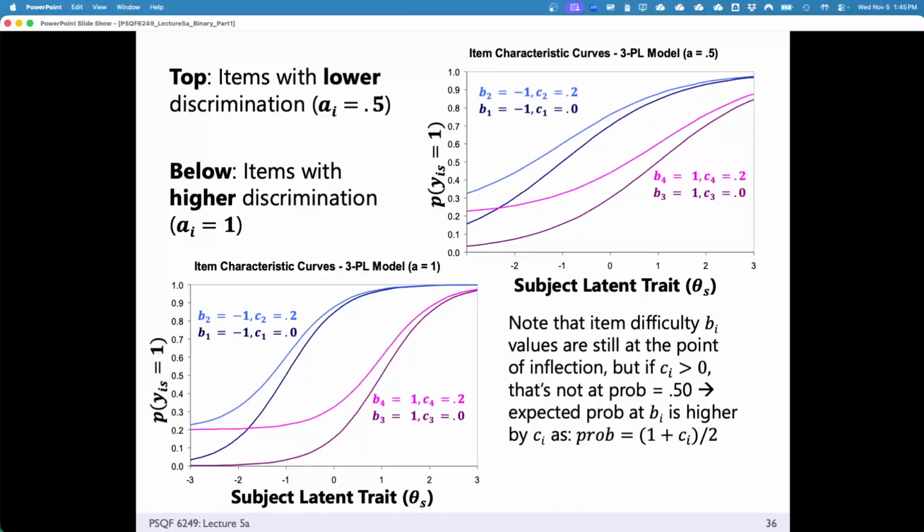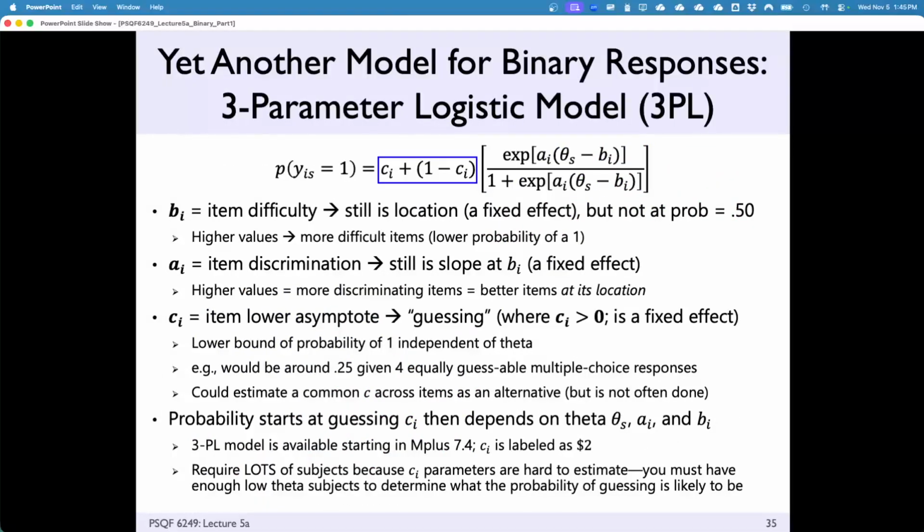If you were to try to create your own model, would you have on the right-hand side a guarantee, like a 0.2 that's fixed? You're saying how would I actually build that two-parameter model? So you have the lower asymptote, which is the parameter, and then what's left over in the probability is 1 minus that.